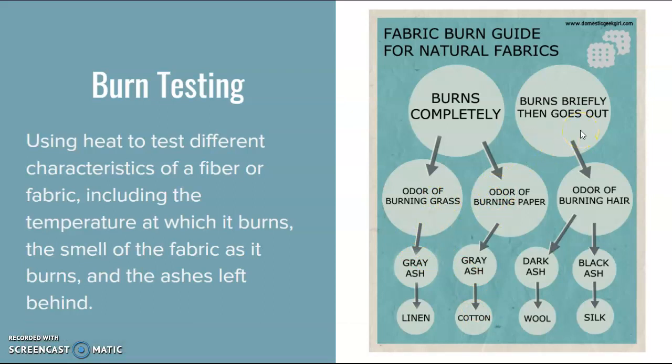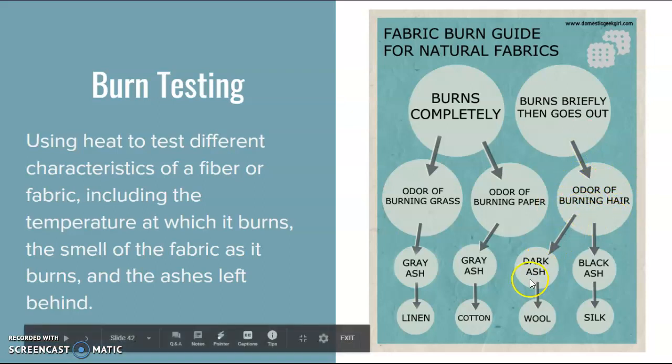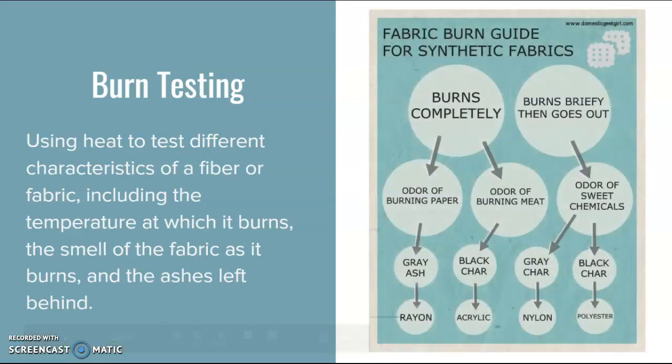Now, if the fabric burns briefly and then goes out, and it will probably have an odor of burning hair, but leaves behind a dark ash, then that would be wool. If it leaves behind black ash, then you know it is silk. So let's look at the burn guide for synthetic fabrics.